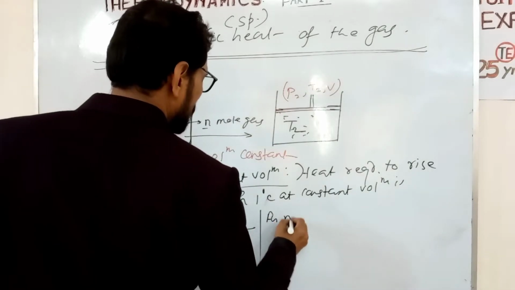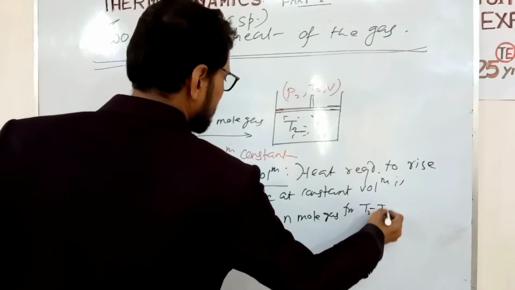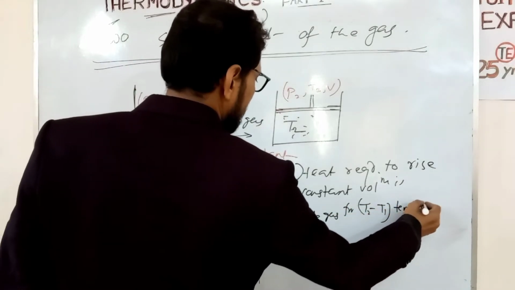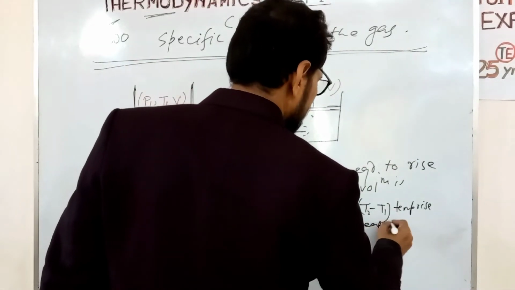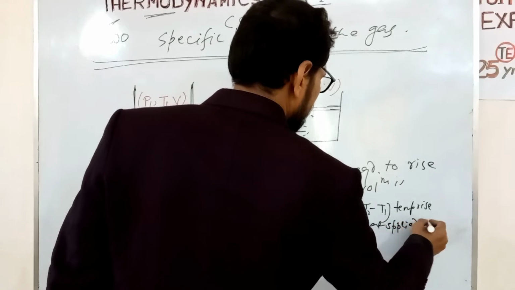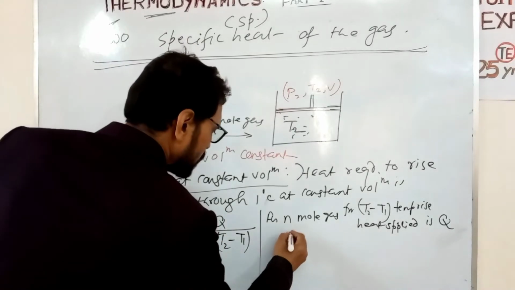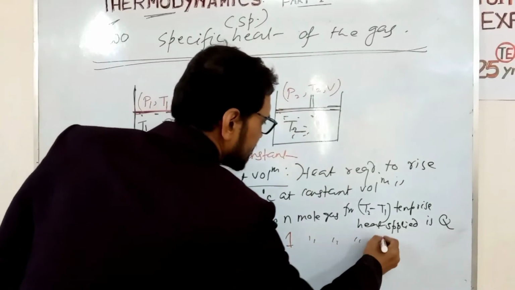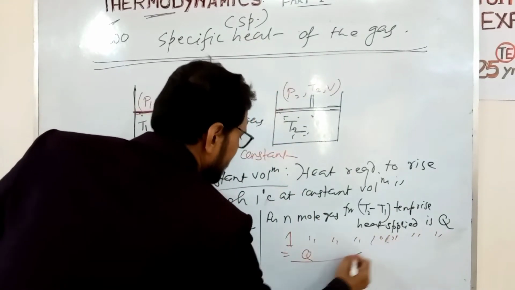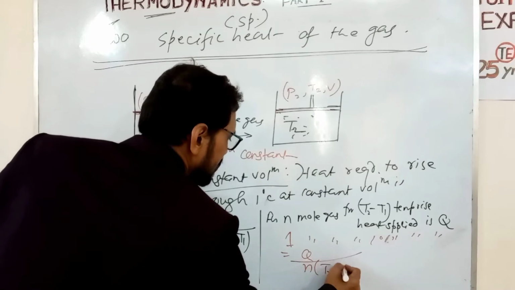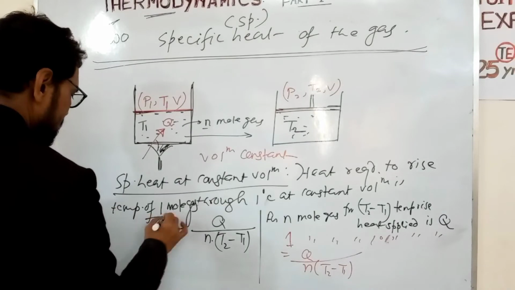For 1 mole of gas and 1 degree rise, the heat supplied is Q by n into T2 minus T1. So this is the definition of Cv: Cv equals Q divided by n times T2 minus T1.